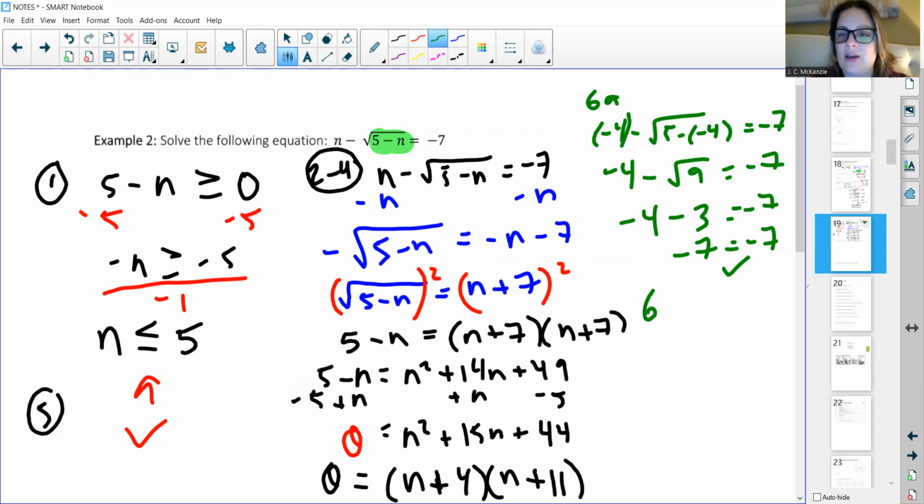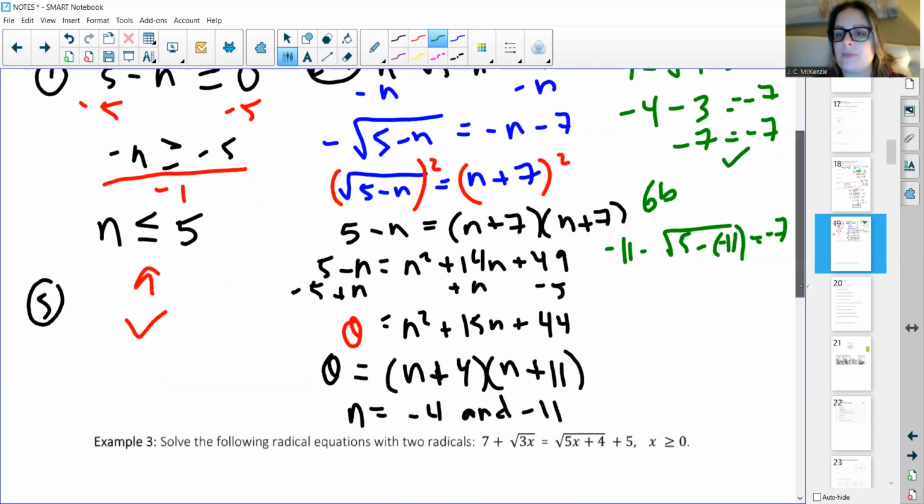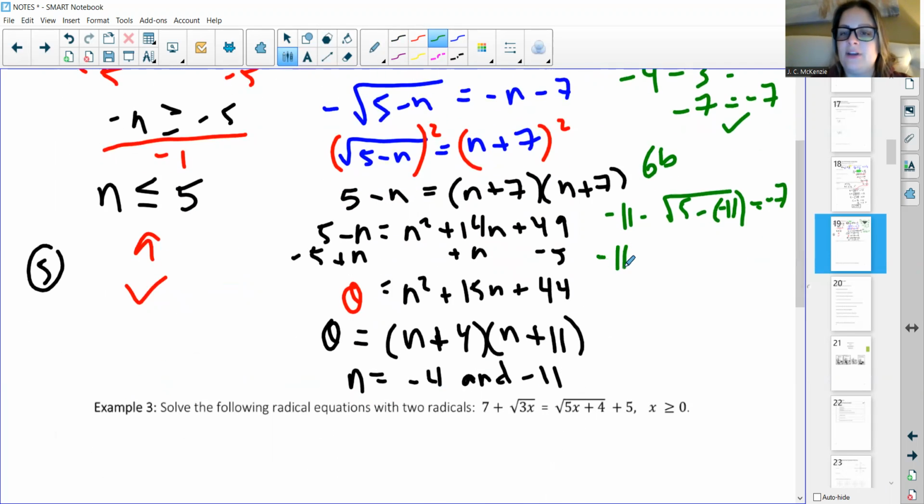Now I'm going to check my negative 11. So negative 11 minus the square root of 5 minus negative 11 equals negative 7. So negative 11 minus the square root of 16 equals negative 7. Negative 11 minus 4 equals negative 7.